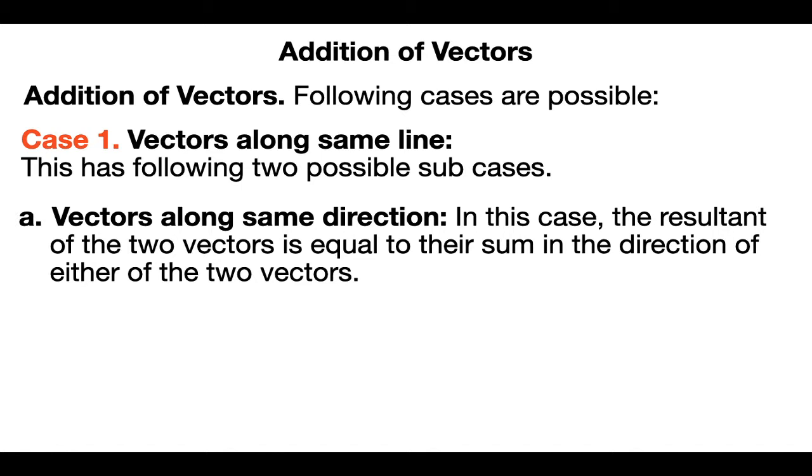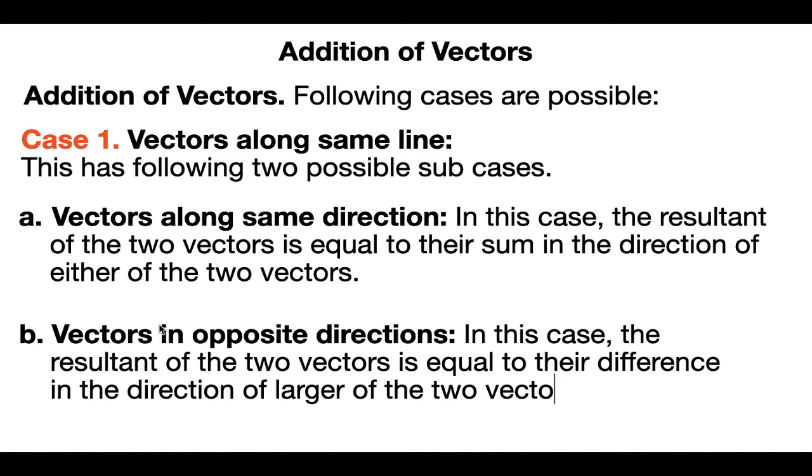The resultant of vectors is equal to their sum in the direction of either of the two vectors. Why either? Because both are in same direction. Vectors in opposite direction. In this case, the resultant of two vectors is equal to their difference in the direction of larger of the two vectors.